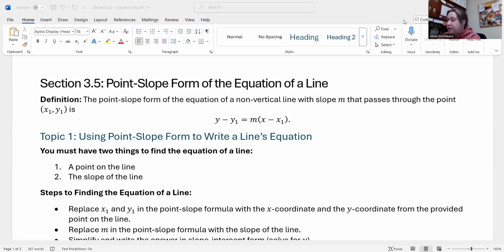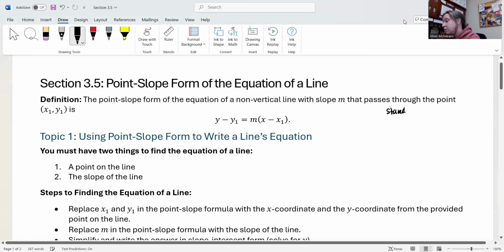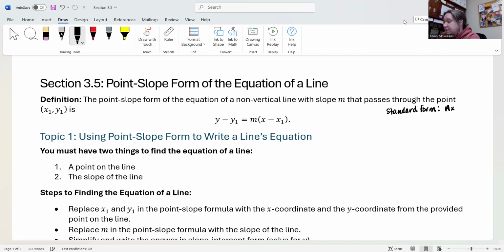Just as a quick reminder, we've talked about a few things already. We've talked about standard form, which is ax plus by equals c. We've talked about slope-intercept form, which is y equals mx plus b. We've talked about horizontal lines.